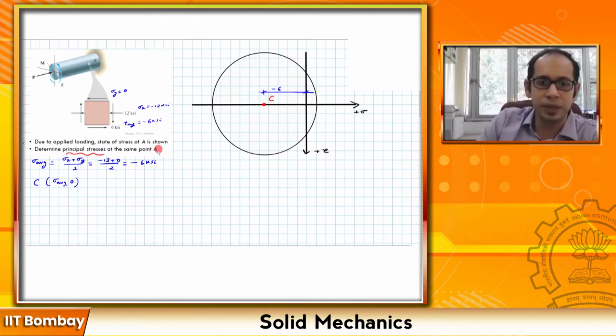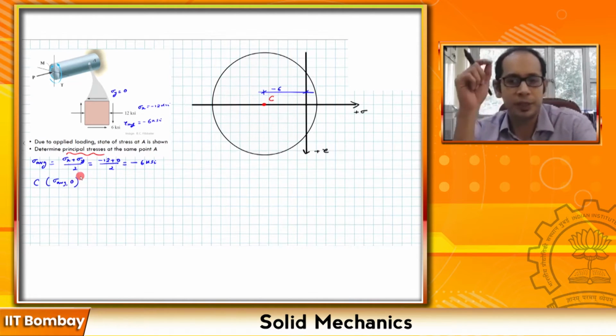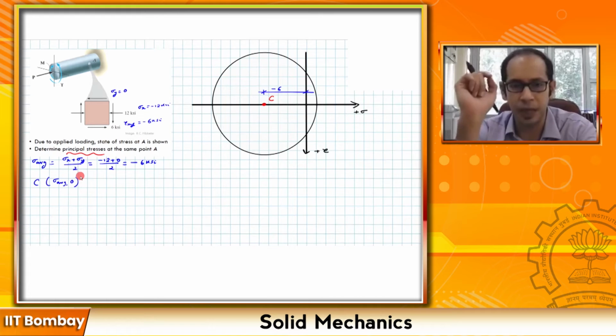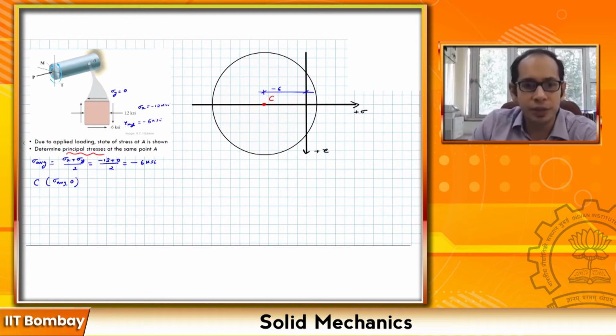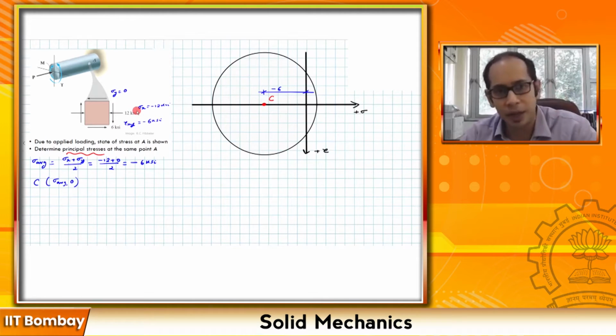All right, so after marking C, we have to mark the point A. So what is A? A is the original state of stress. Remember, the point A has the ordinate sigma x and tau xy. So the sigma x is minus 12 and the tau xy is minus 6.